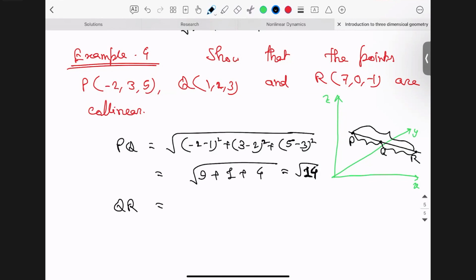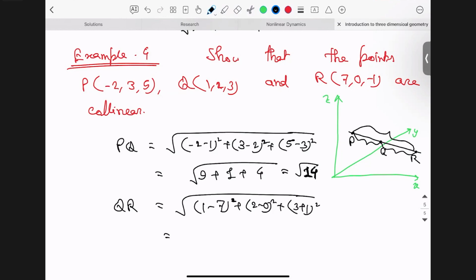Next, QR. QR is (1 minus 7) whole square plus (2 minus 0) whole square, plus (4 plus 1) whole square. Why plus 1? Because minus minus is plus.